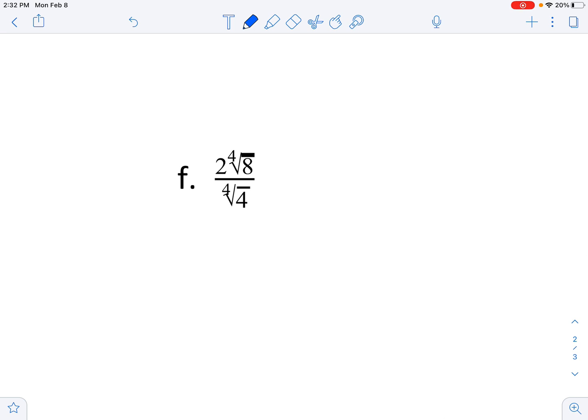Okay, so I have something in the denominator and I need 4 of them. So I'm going to break it down. I now have 2 of them. So I need 2 more. So I need a 4th root of 4.